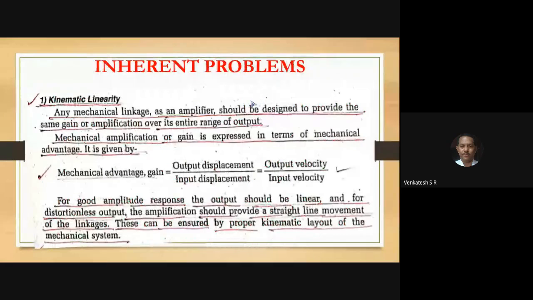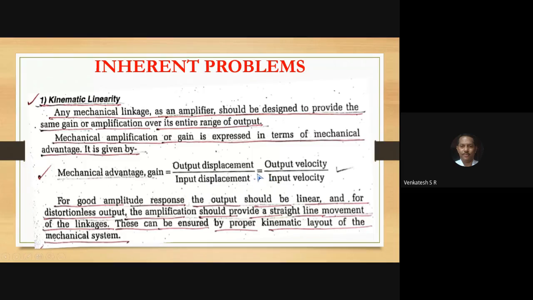So what are the problems that arise while measuring mechanical properties like pressure, temperature? The first one is mechanical advantage or mechanical gain. Mechanical advantage can be defined as the ratio of input displacement to output displacement.